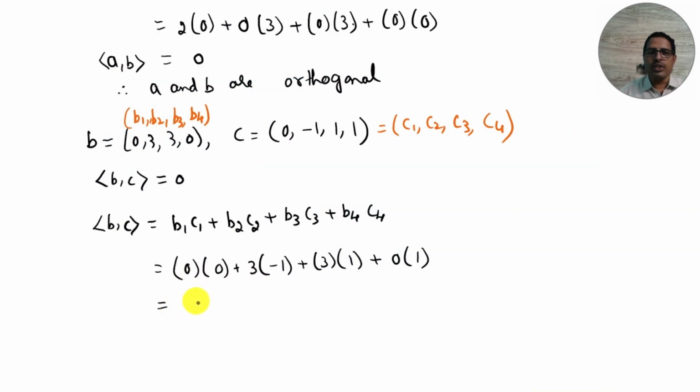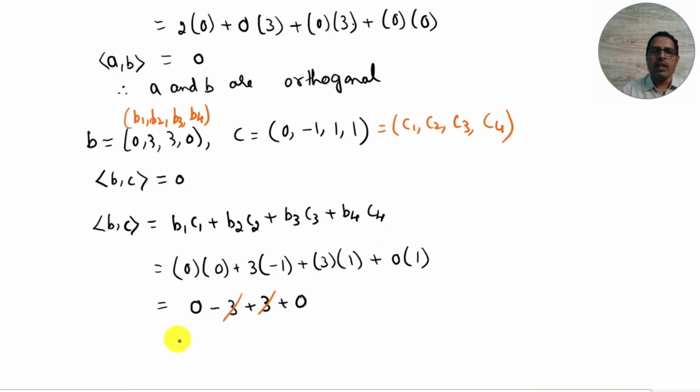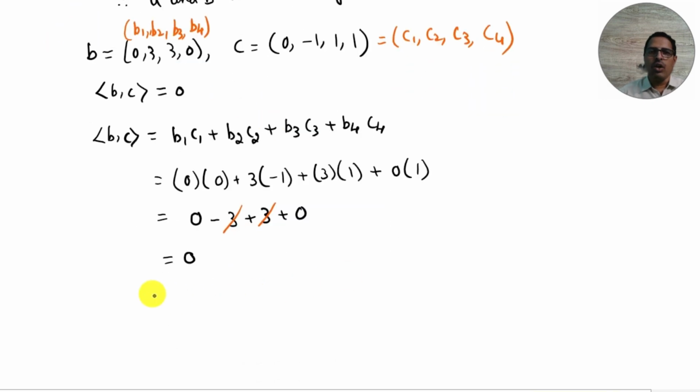The first term is 0 times 0, which is 0, plus 3 into minus 1 is minus 3, plus 3, and the last term is 0. We observe that this minus 3 and plus 3 get cancelled. We are left with 0. So you can conclude that B and C are orthogonal.